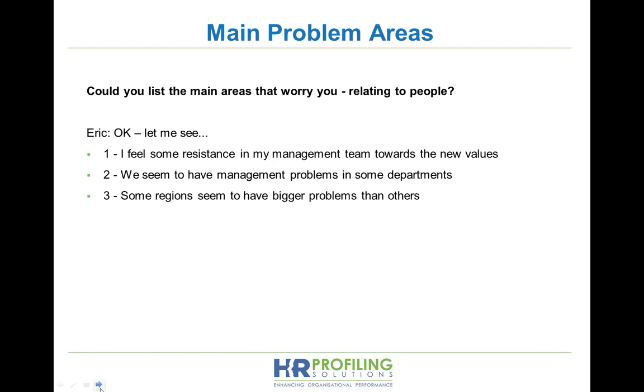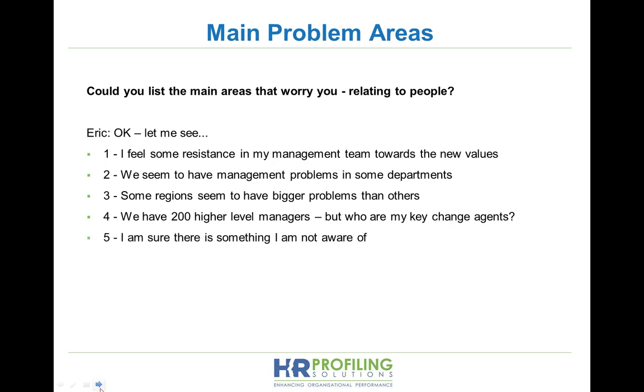He wants one tool that he can identify with or use to help solve his problems. He has over 200 higher level managers, but he wants to identify his main key change agents. And the fifth one is he's sure that there's something he's not aware of.